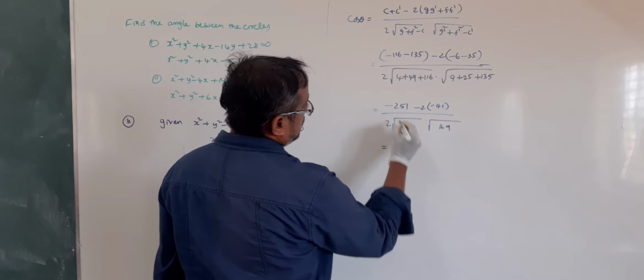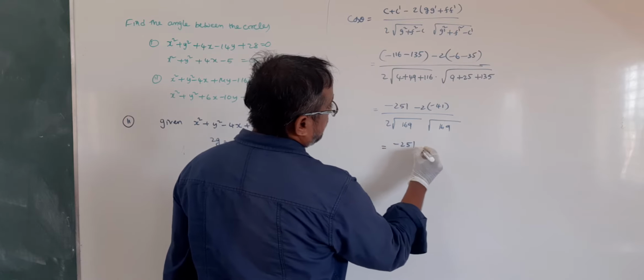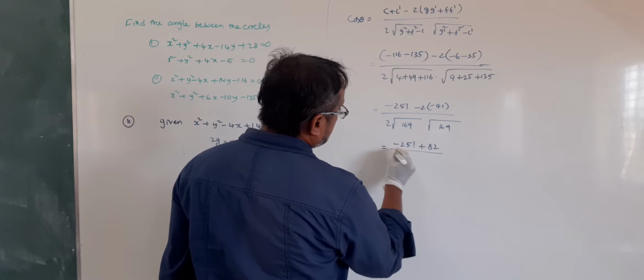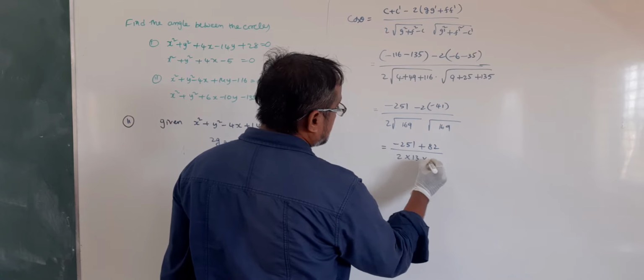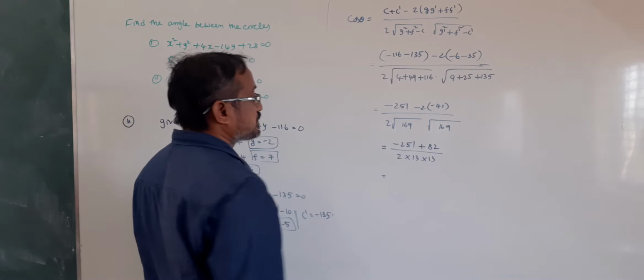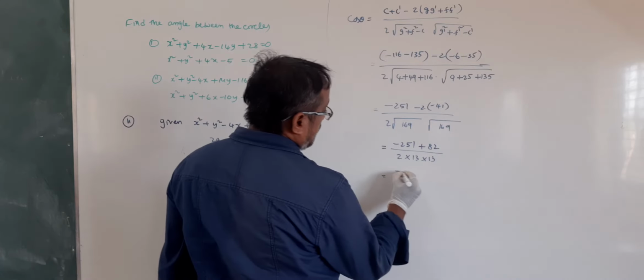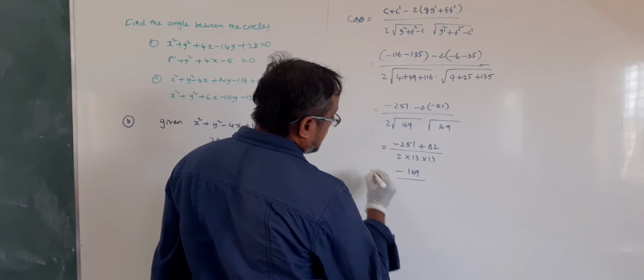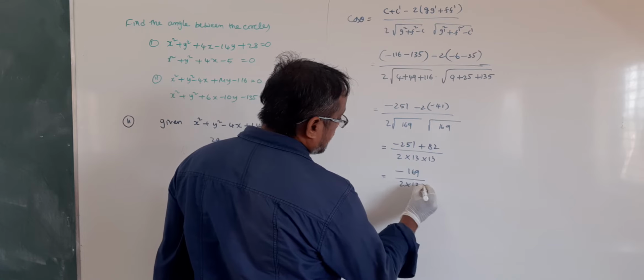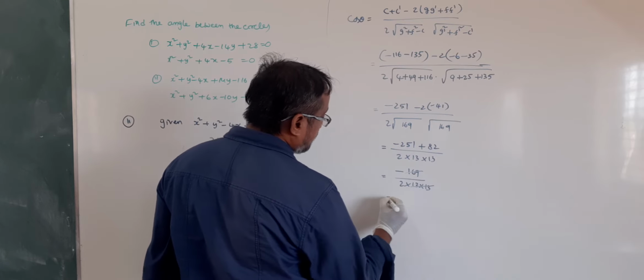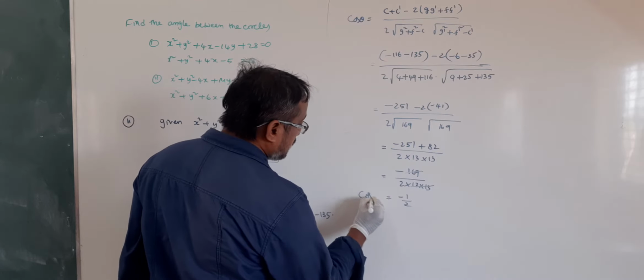So minus 251 plus 82 by 2 into 13 into 13. So it is minus 169 by 2 into 13 into 13. So you will get minus 1 by 2.